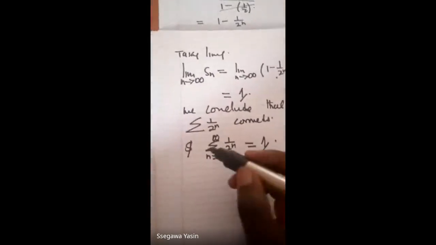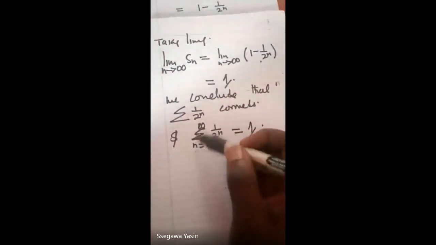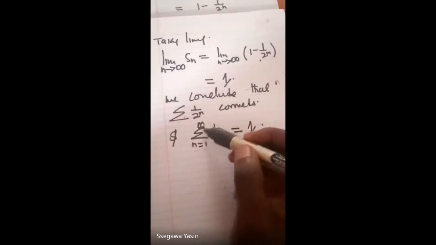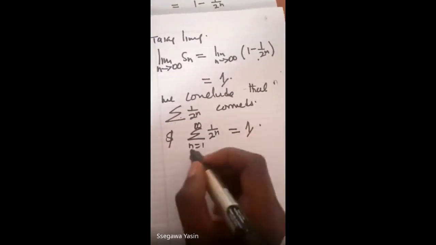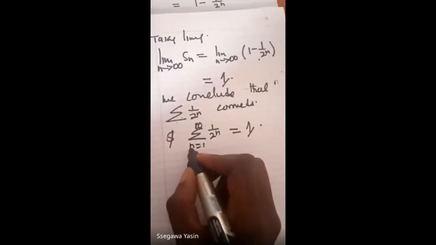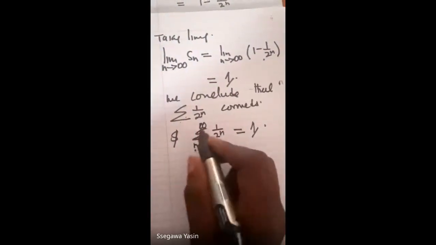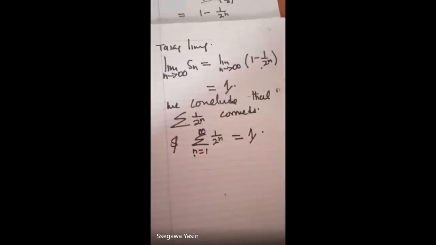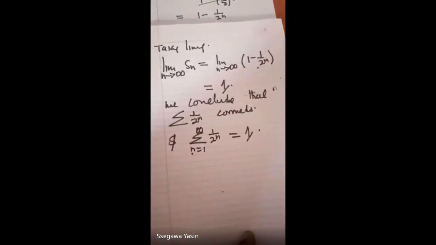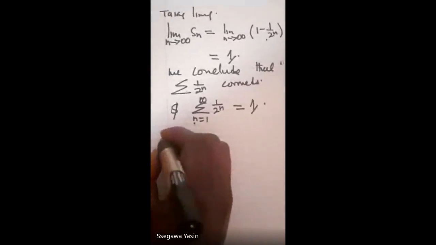And I hope now you know that writing this and this, they are the same. Why? Because we said here we are taking an infinite sum, therefore it moves from n equals 1 up to infinity. So it's a matter of just writing like that. Hope you can remember that expression.